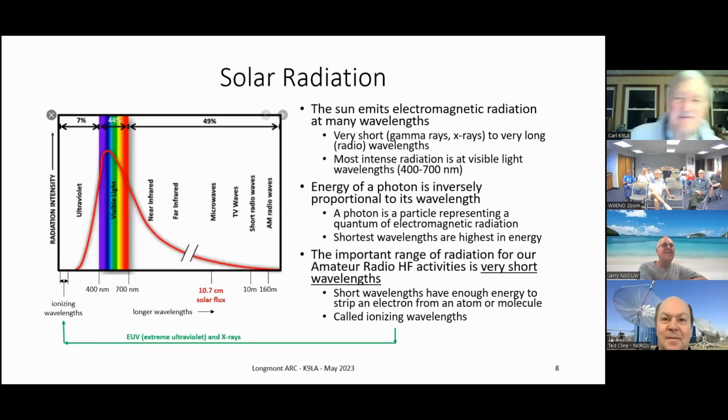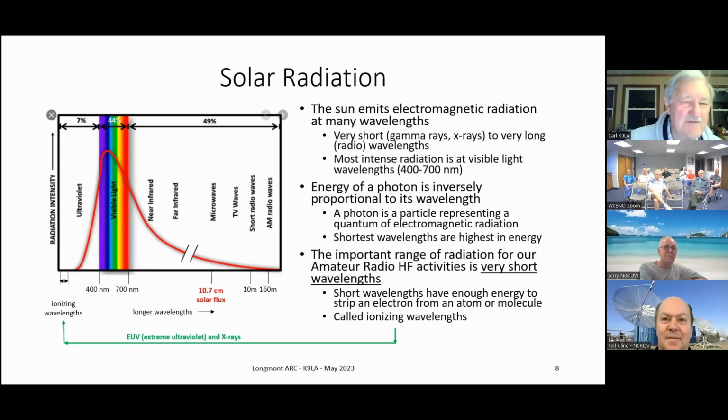So the sun radiates electromagnetic radiation at many wavelengths, and that's what that sketch on the left shows. It radiates very short wavelengths, which are gamma rays and X-rays, to very long wavelengths, which are radio waves. And that chart shows where those different wavelengths are.